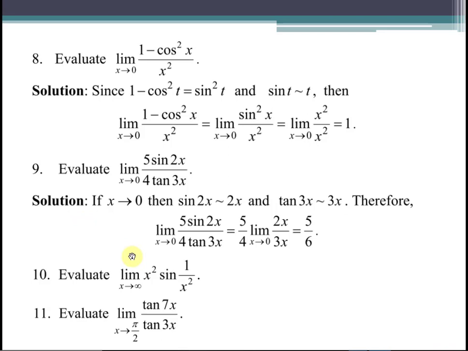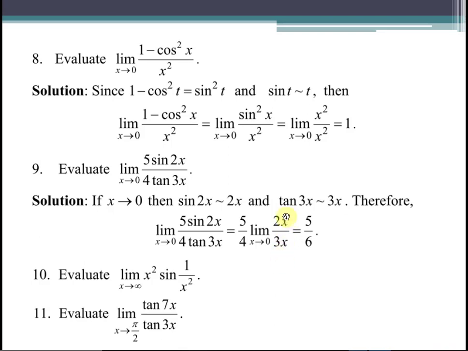Number 9. Evaluate the following limit. If x tends to 0, it means sine 2x, using the first theorem, is equivalent with 2x. And tangent 3x is also equivalent with 3x. We considered tangent also. So, we can replace sine 2x and tangent 3x by 2x and 3x respectively.